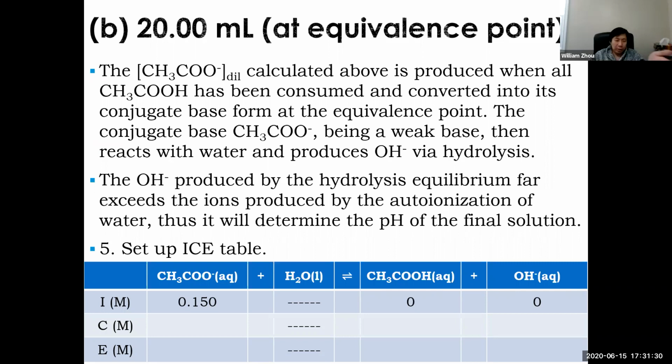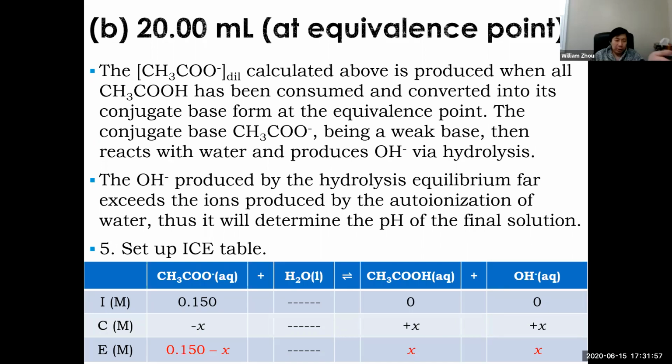Initial concentration of the product, 0. It didn't hydrolyze yet. Okay, that is initial, non-equilibrium. Of course, you will use X for the change. And finally, equilibrium, you just add up the first two rows. Then we can calculate the hydroxide produced with this equilibrium and then use that to determine the pH.